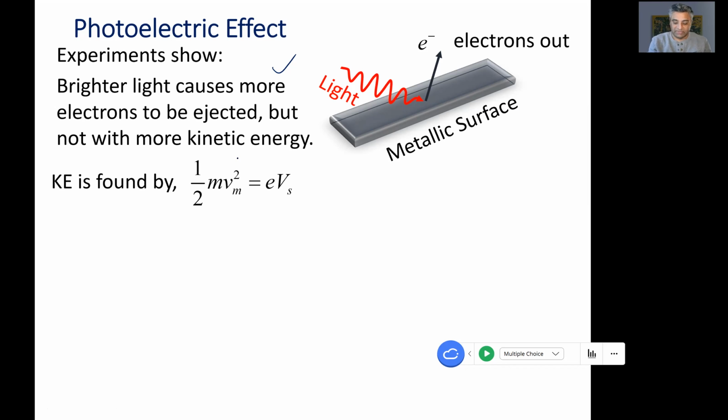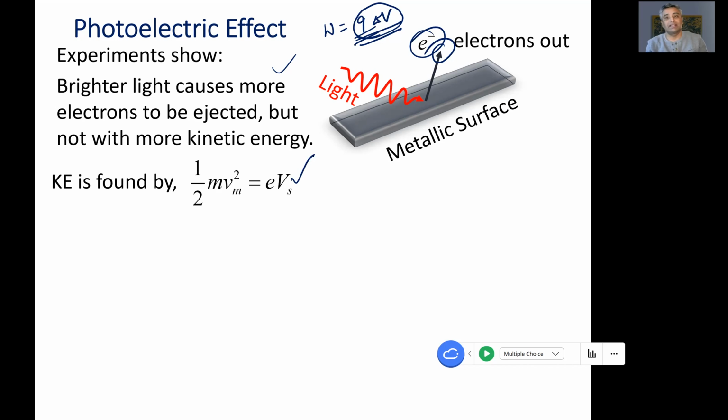So what happens here? The electron has that much charge, and we know the work done on moving some charge is given by Q times delta V, right? We learned that, and so that's the energy of that charge. So in this case, that is the charge of an electron, and let's suppose we can stop this electron from flying by using that much voltage.